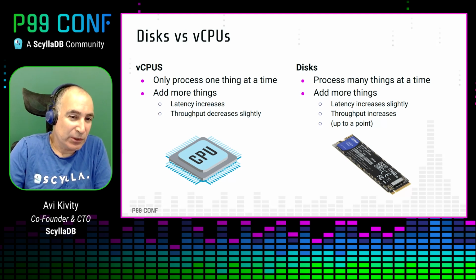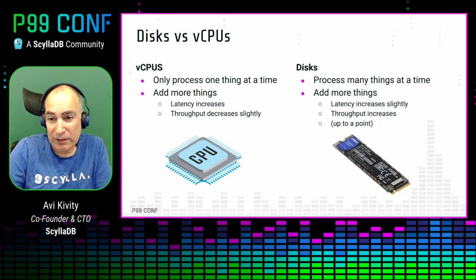And the latency will increase. So if you're doing 10 things in parallel, the latency will increase by a factor of 10. And disks are different. Disks like to process things in parallel. And if you add concurrency to the disk, the latency will not increase by a lot, at least until it's saturated. And instead, the throughput will increase until it's saturated.